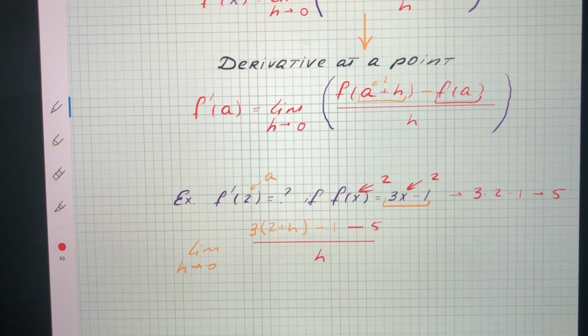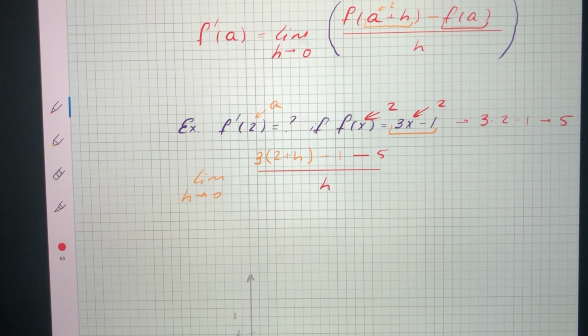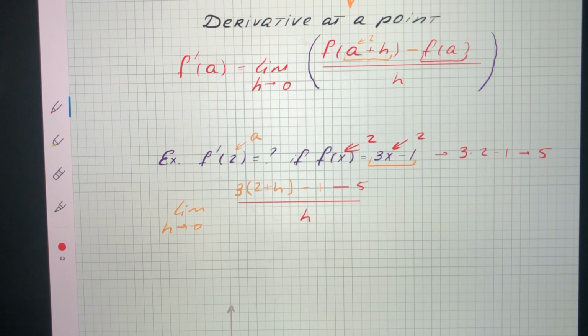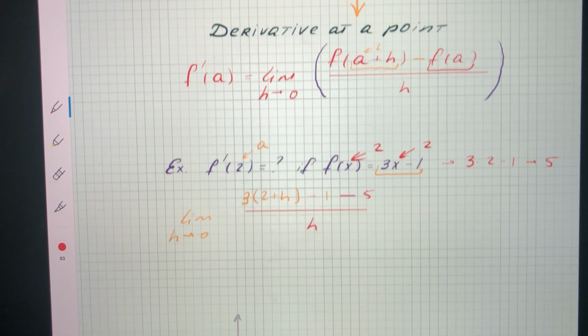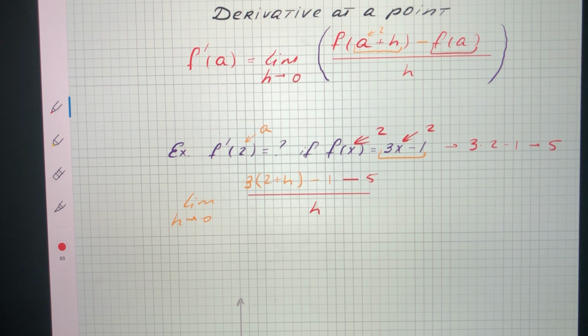Now we simplify and see what happens. Here we have 3 times 2, that's 6. 3 times h is 3h, minus 1 minus 5, divided by h, and here is limit as h goes to 0.